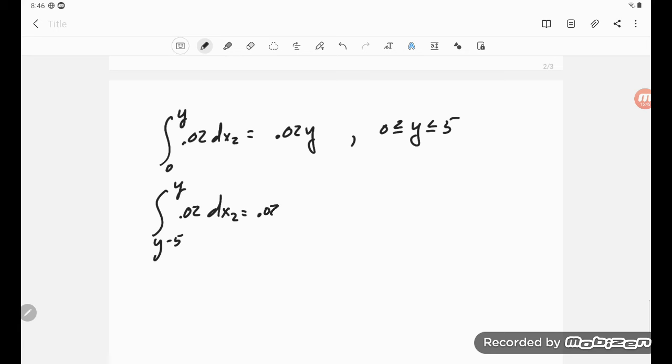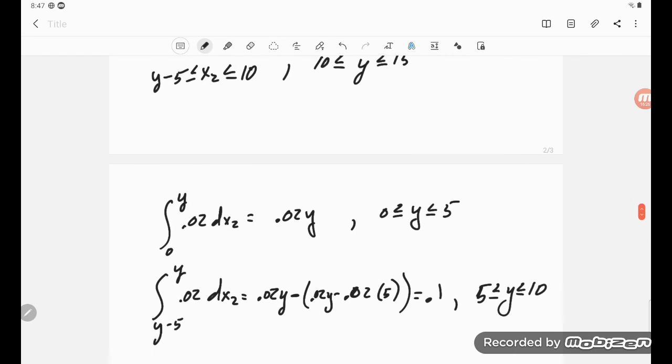Well, that's 0.02y minus 0.02 times 5. But that's 0.1. And that's for 5 less than or equal to y less than or equal to 10. So that agrees with what we had before.